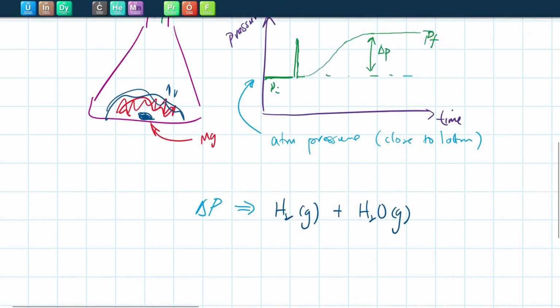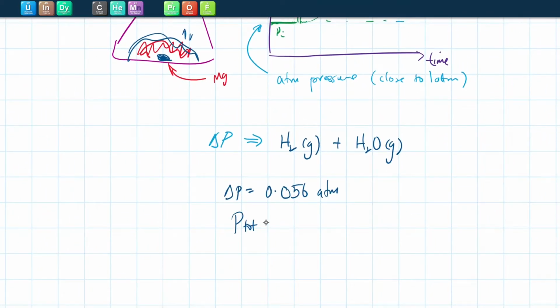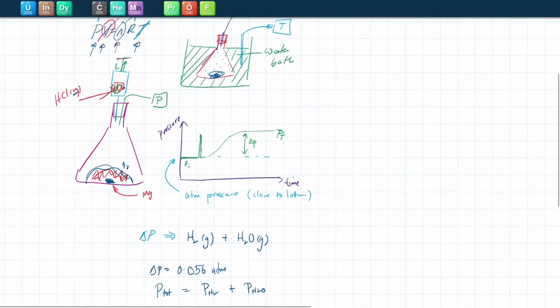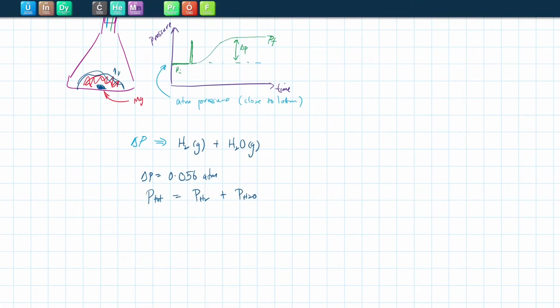So let's say your pressure difference here was, I don't know, 0.056 atmospheres. That total pressure difference comes from the pressure of our hydrogen plus the vapor pressure of water. If your water bath was, let's say, 395 kelvins, I'm making up some numbers, then the vapor pressure of water you'll look up in a table.